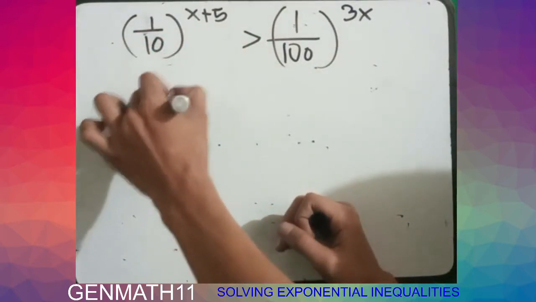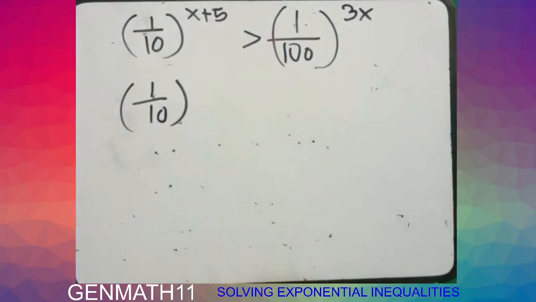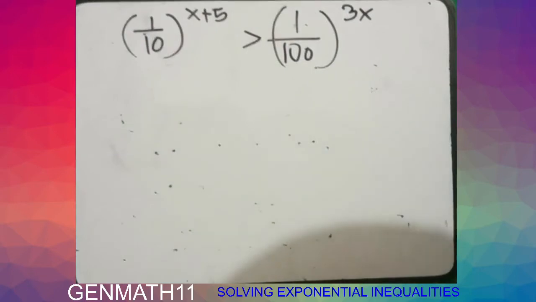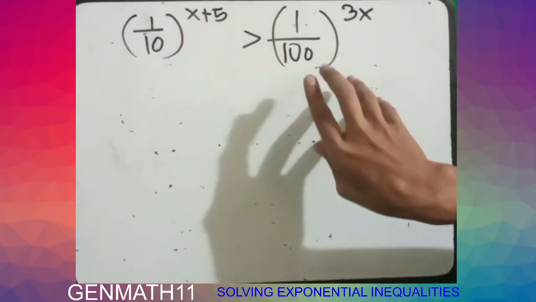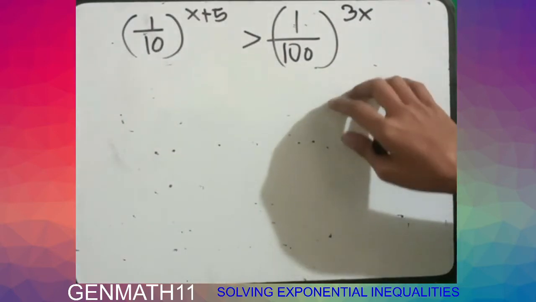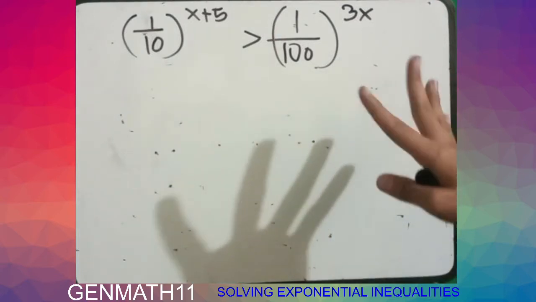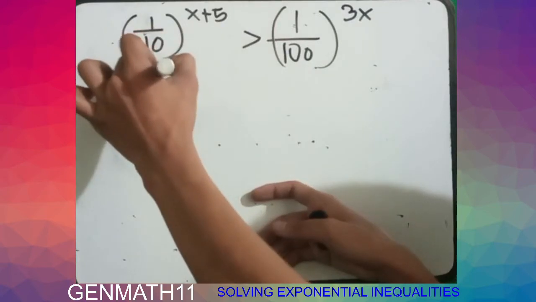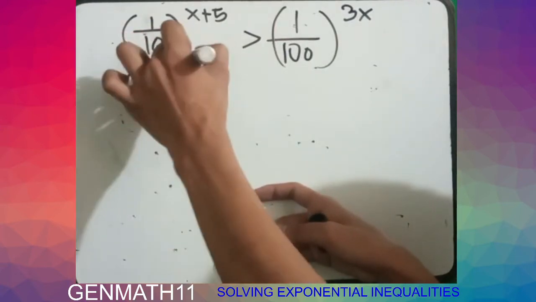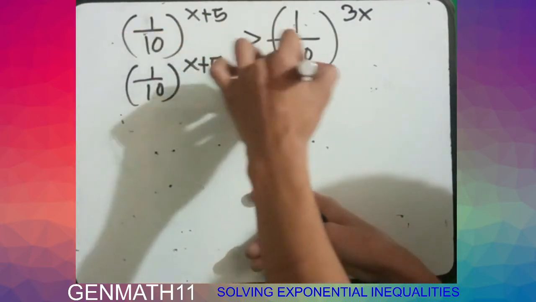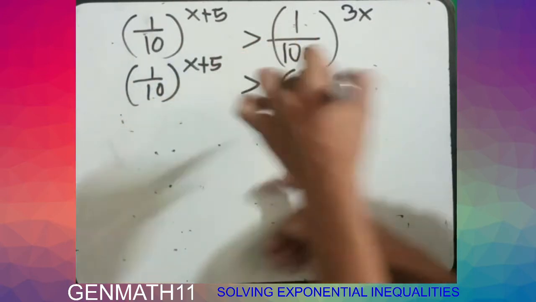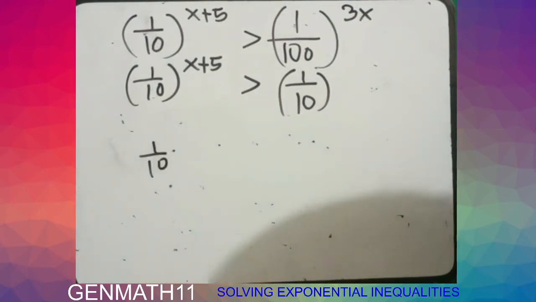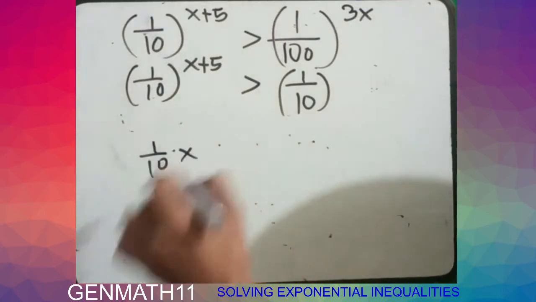Okay, try natin. Rewrite ko lang siya. Tapos ang iisipin na lang natin is si 1 over 100. Hahanapin na lang natin kung ano exponent niya kapag ang base niya ay 1 over 10.